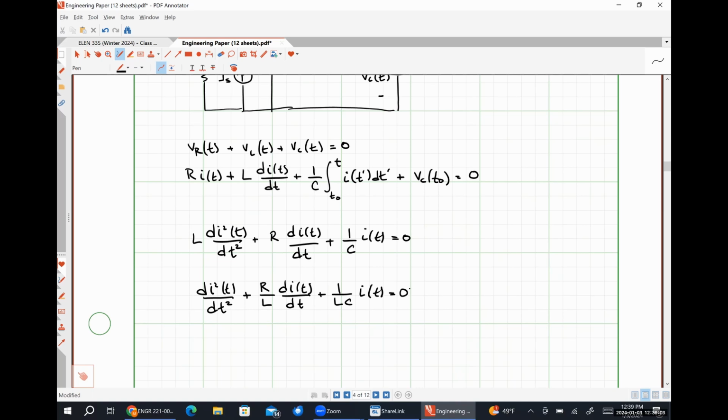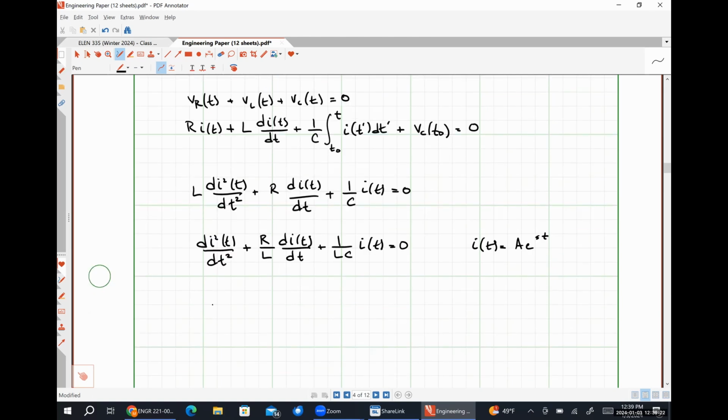We will guess that I of t must be of the form A e to the st, much like we did with our parallel RLC circuit. And we're going to substitute this guess into our differential equation. So the second derivative of this guy is going to look like s squared A e to the st. Then we're going to have R over L times s A e to the st plus 1 over LC times A e to the st is equal to 0.